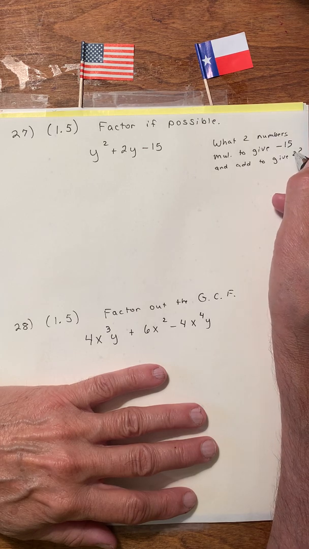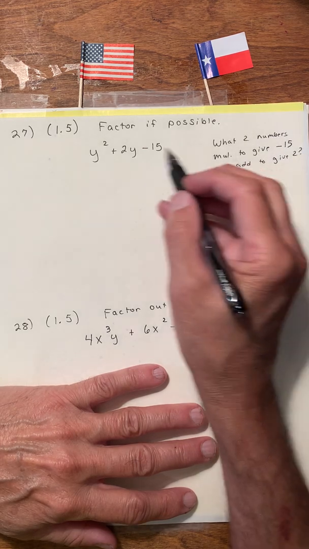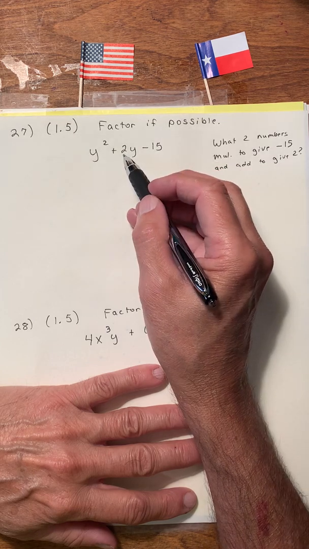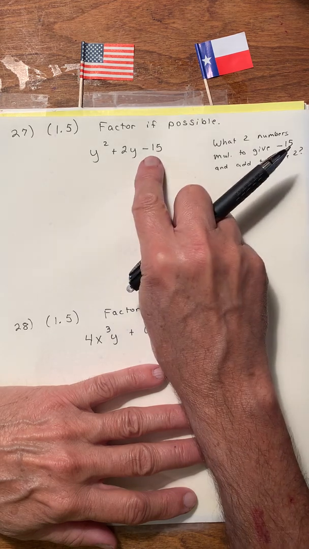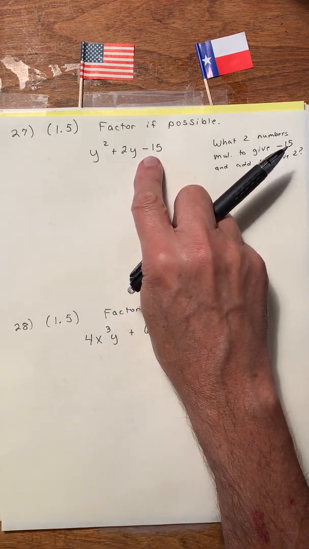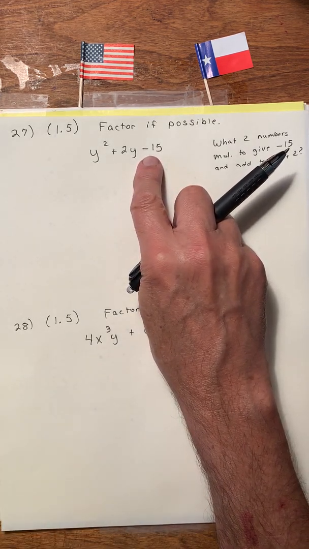This is my C, this is my B. What 2 numbers multiply to give C, add to give B? And notice, multiply to give a negative number. How does that work? Well, it means I have to have 1 positive and 1 negative.